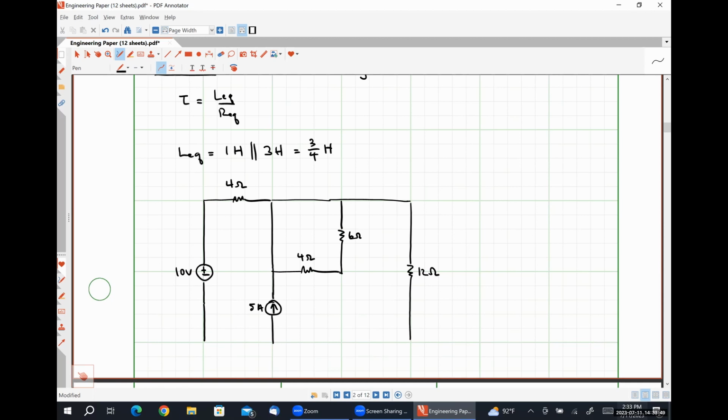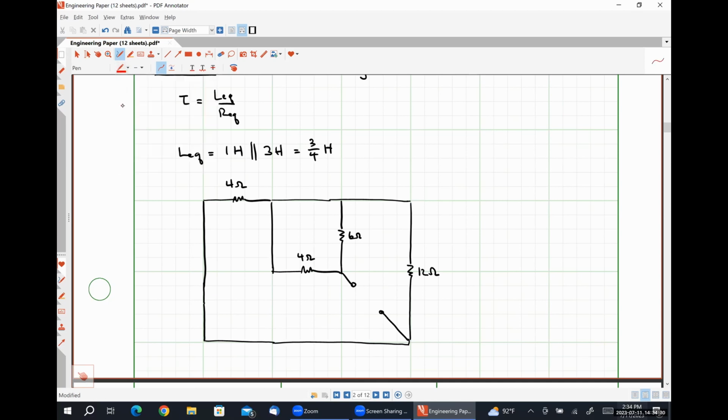And the inductor is going to go here. Now, I'm finding the Thevenin equivalent resistance with respect to my energy storage element. So I take that inductor out. I look in through the terminals left behind. And because I'm finding the Thevenin equivalent resistance, I need to be looking at a dead network, which means my 5 amp source is turned off, replacing it with an open circuit. My 10 volt source is turned off, so I replace it with a short circuit. And so now I have this network.